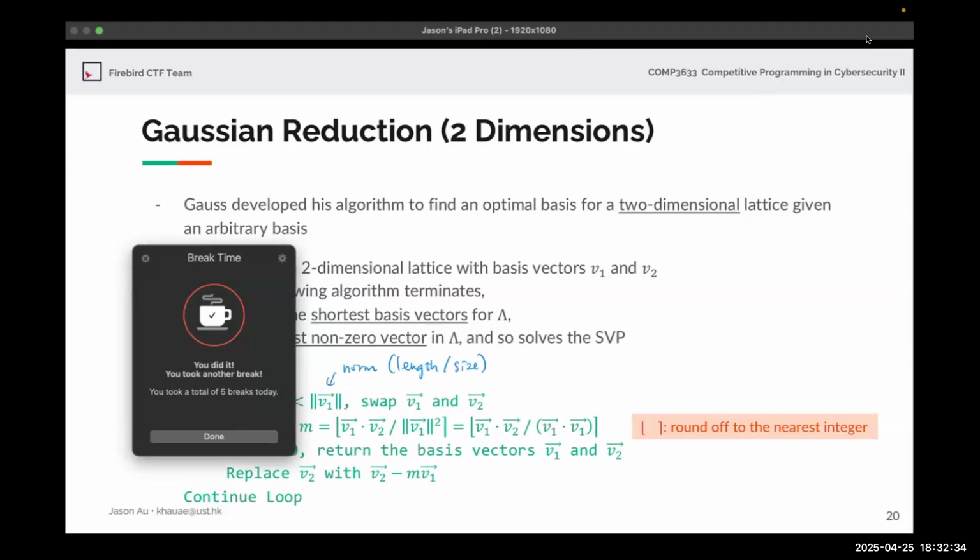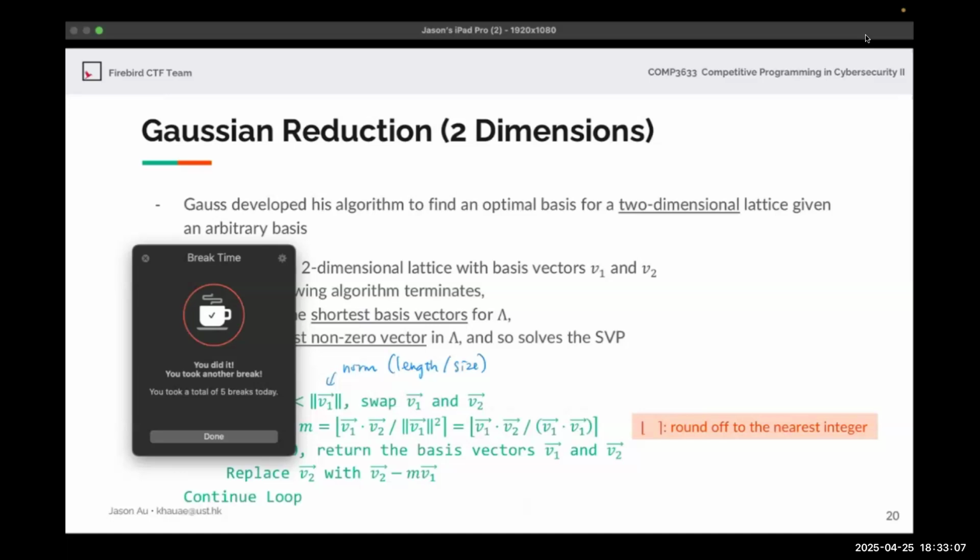If the vector v2 has a shorter length than v1, we swap v1 and v2, and then we compute m. m is given by this formula: v1 dot v2, the dot product, which is a number, divided by the square of the norm of v1, which is also a number. So two numbers divided by each other.